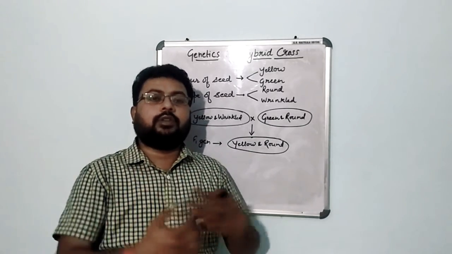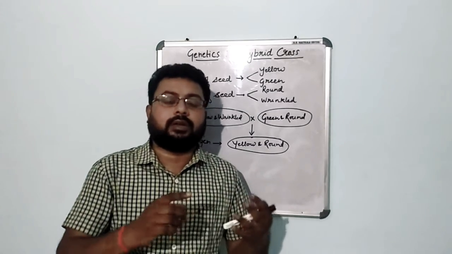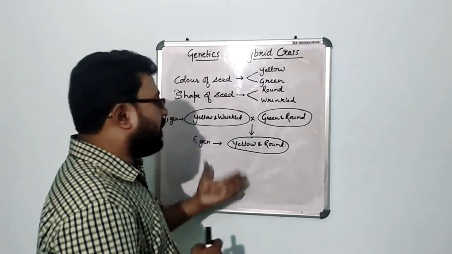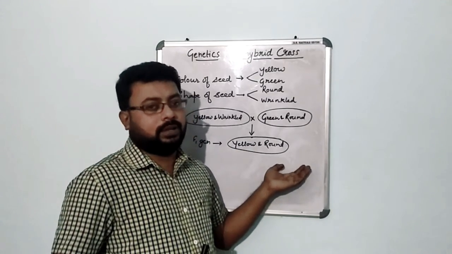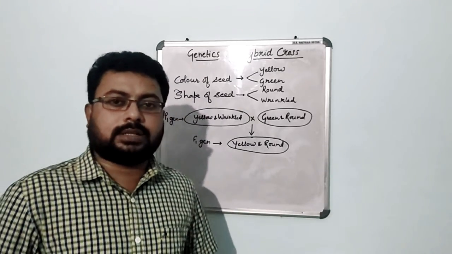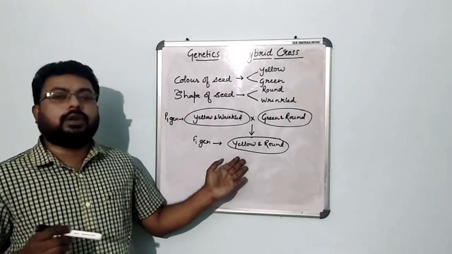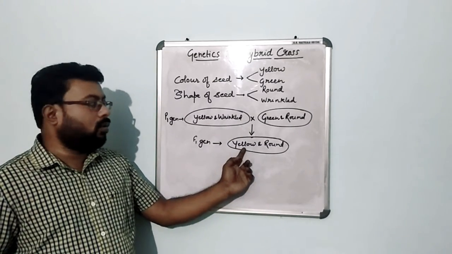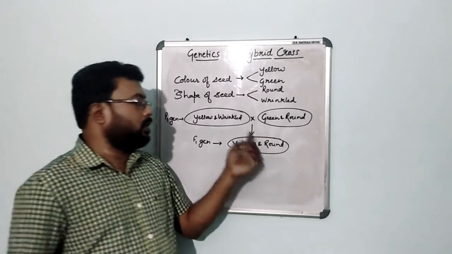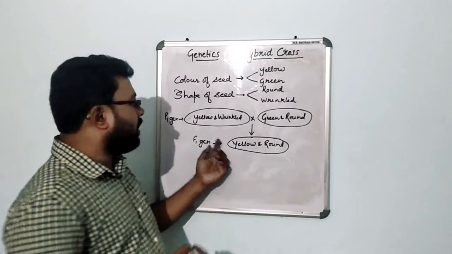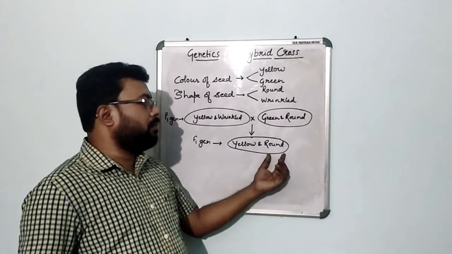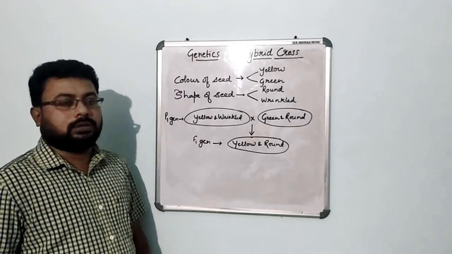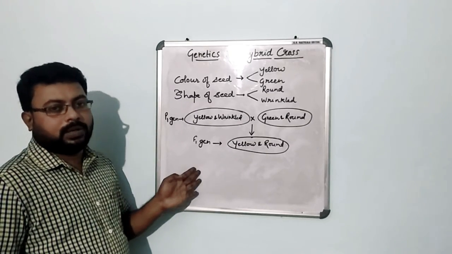Whatever type of cross it is, whether monohybrid, dihybrid, trihybrid or polyhybrid, the law of dominance prevails everywhere, right? So whenever there is a heterozygous condition, the dominant allele will always express itself. Here, as far as the color is concerned, the dominant allele is yellow, and as far as the shape is concerned, the dominant allele is round. So yellow and round were the seeds that Mendel obtained, right?